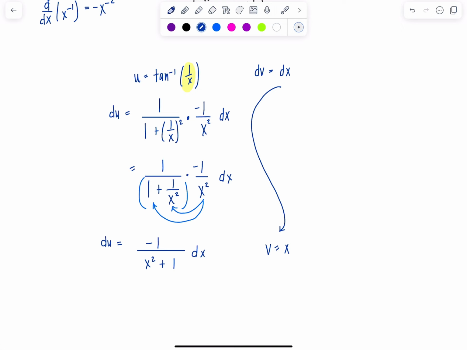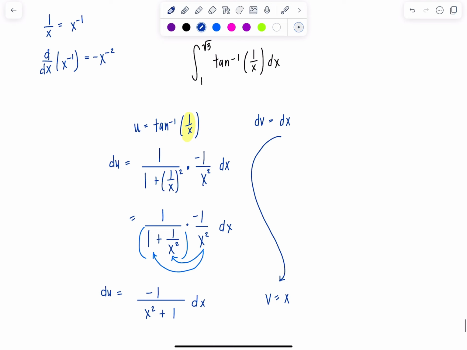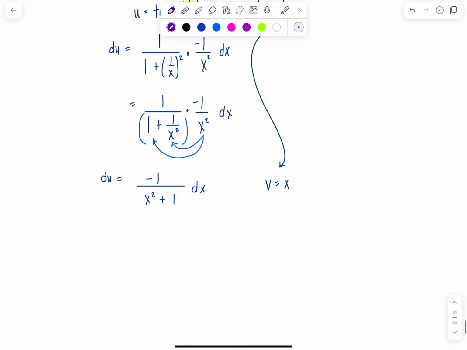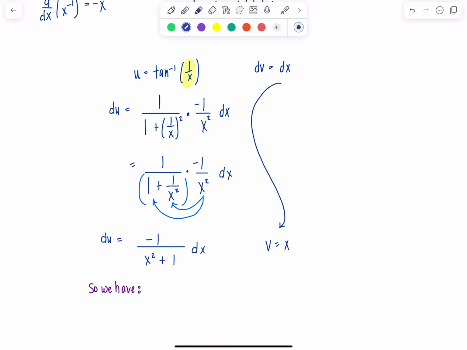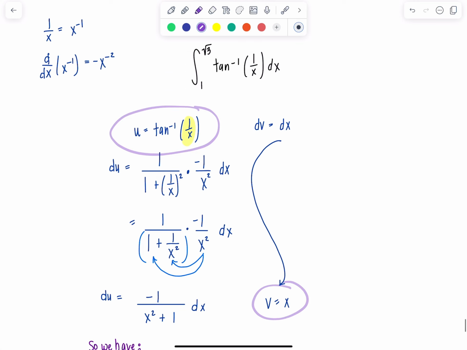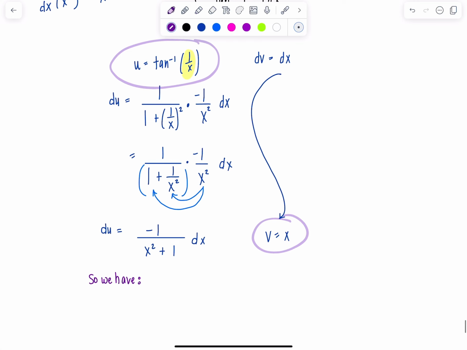Okay, looks good. So now we're ready to rewrite our integral using integration by parts. Remember, it's going to equal u times v minus the integral of v du. So I'll do that in a different color. So we have u times v. Here's u times v. That does not get integrated. I just have to evaluate it from 1 to radical 3, okay?